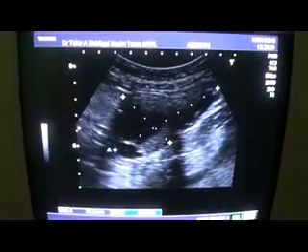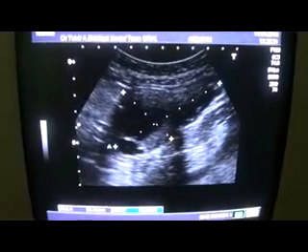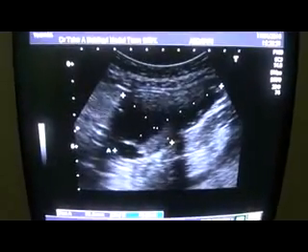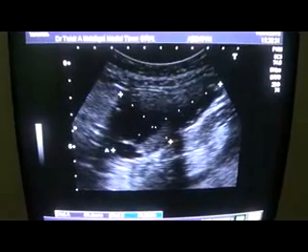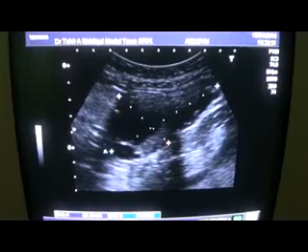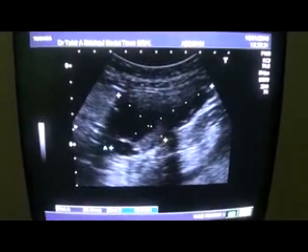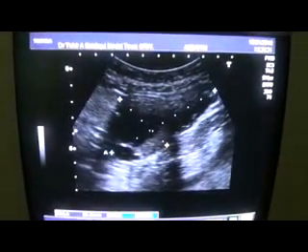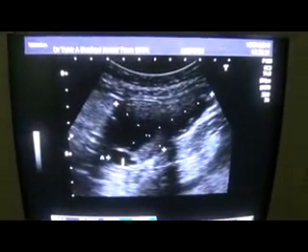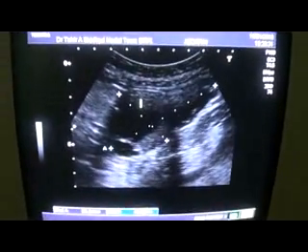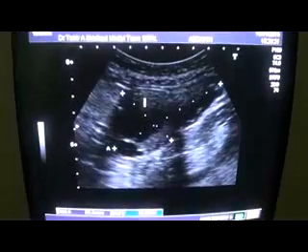So this is our case of the day, that of multiple pathologies in one given patient, with a uterine fibroid with pressure effect on the endometrial canal. Then we saw a right complex cystic mass.